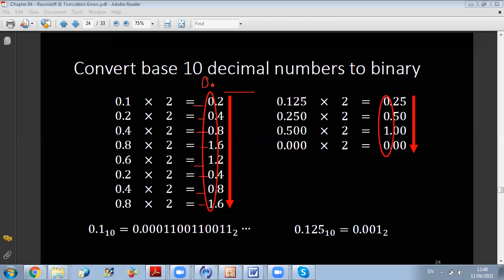You can continue, because just as I told you, the first part is not repetitive. Once I have 0.4 here, it's repeating 0.4, 0.8, 1.6, 1.2. So just the first one is not in the sequence. Then I have 0, 0, 1, 1, 0, 0, 1, 1. It's infinite. You can repeat it in an infinite way.